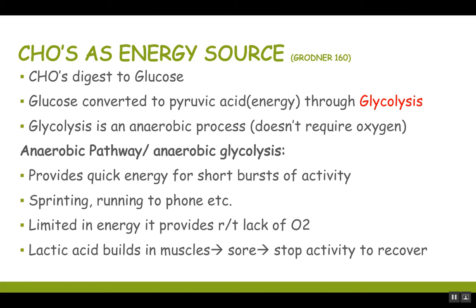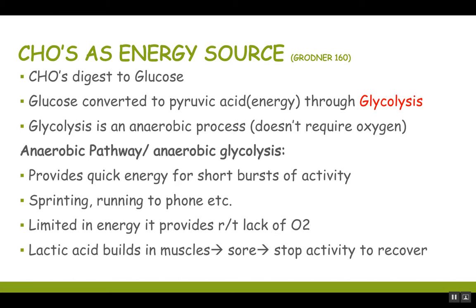Carbs are an energy source because they digest down to glucose. The technical process of that is called glycolysis, where the glucose is converted to pyruvic acid for energy. Glycolysis in itself is what's called an anaerobic process, which means it does not require oxygen in order to provide energy.